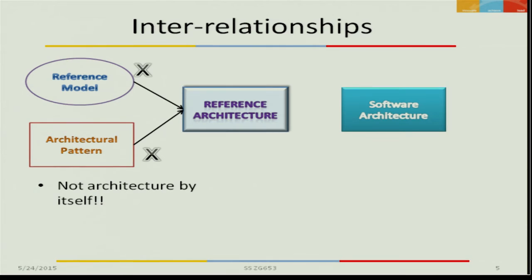That reference architecture is really not a software architecture by itself. It is nothing but a set of elements and their interactions, and those elements basically would describe what are the typical functionalities. But it will really not address all the quality of service concerns.